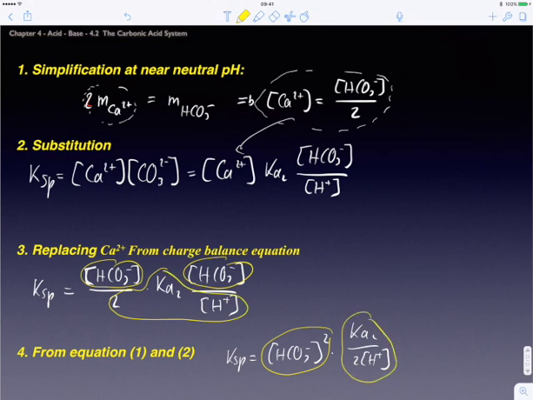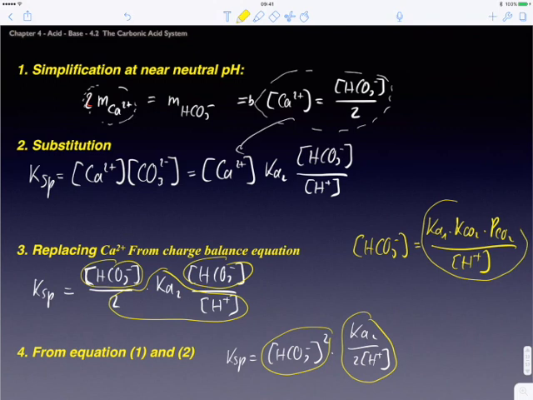And now I'm substituting our value that we have here, HCO3- equal to Ka1 times KCO2 times PCO2 divided by H+.